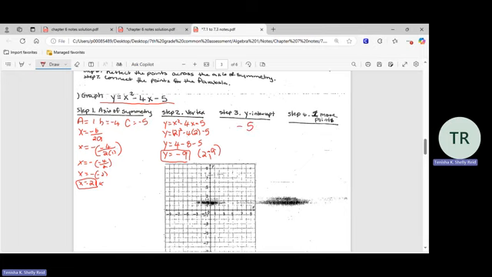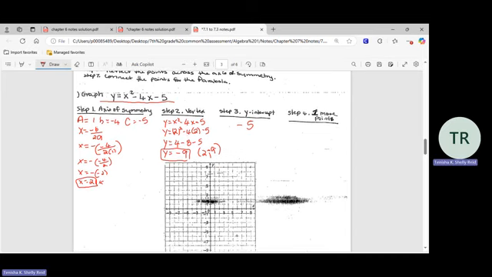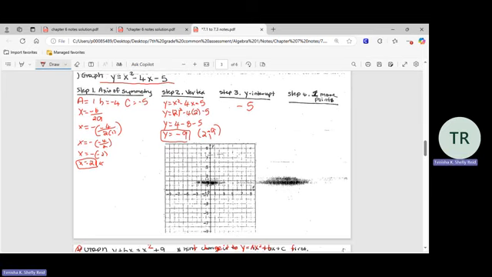So let's go ahead and put those on the graph. I know that my vertex is at 2 and... oh, sorry, 2, negative 9.